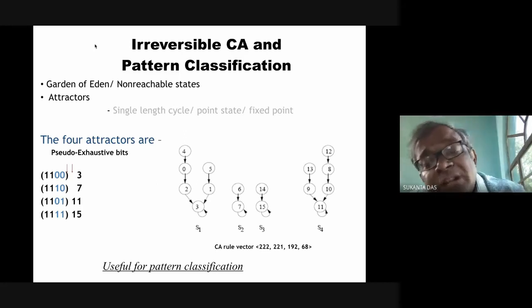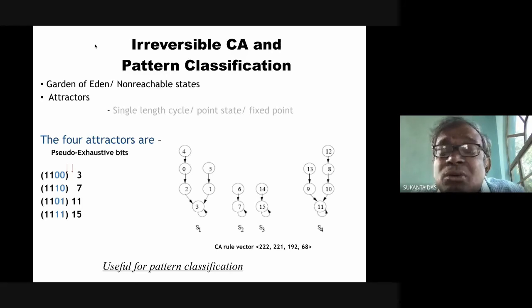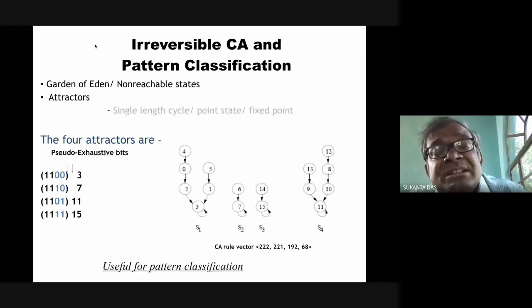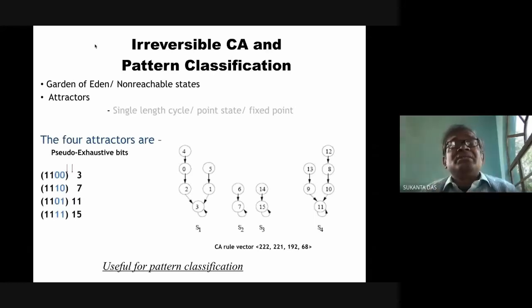Therefore, what are the patterns of S1 and S2 here? They are the configurations: 4, 0, 5, and so on. All these patterns, 4, 0, 2, 3, 1, 5, 6 and 7, form a single class. The patterns 14, 15, 13, 9, 11, 10, 8, 12 form another class.